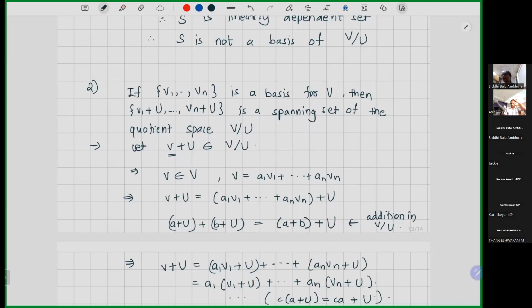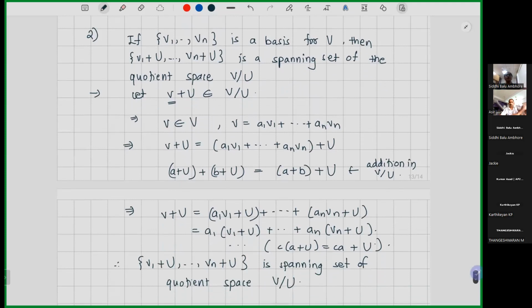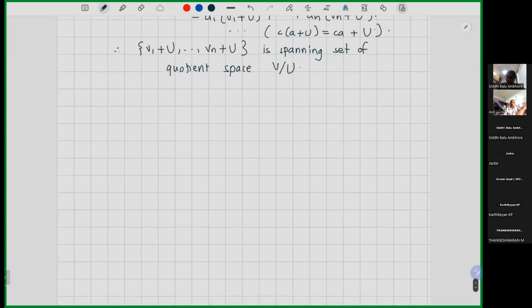Any doubts? I mean, was this the question or something else? Spanning set means it should just span. Span means that I should be able to write any element. The linear independence is not required when we say spanning.